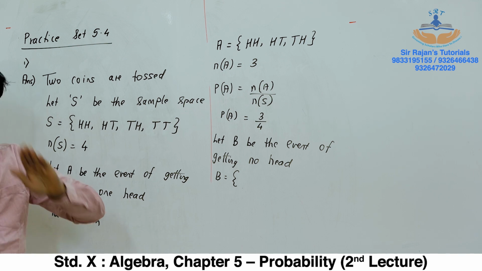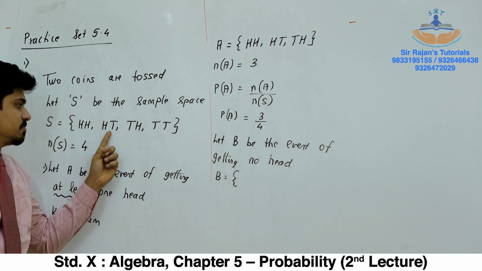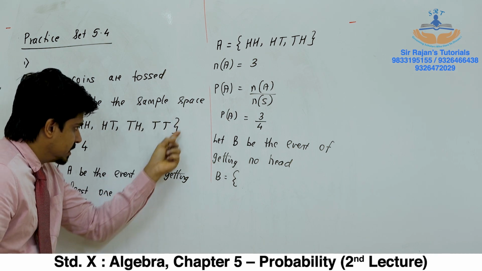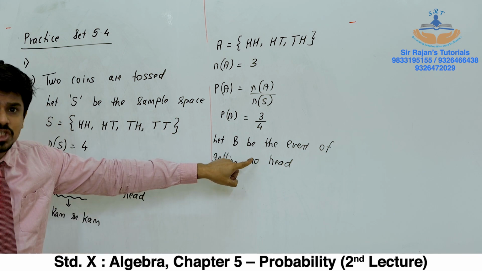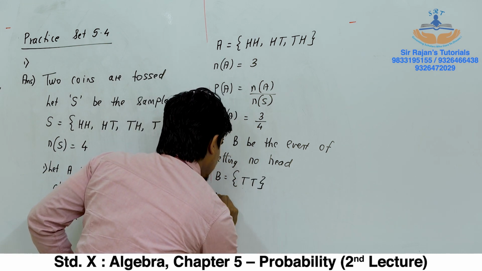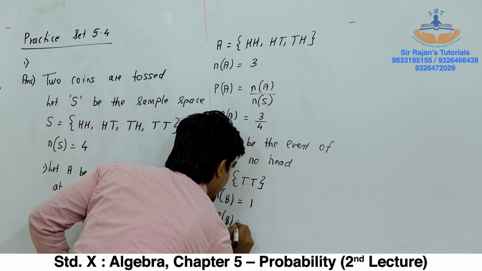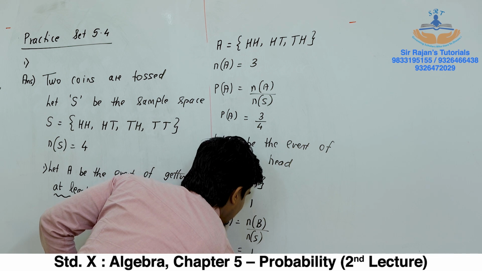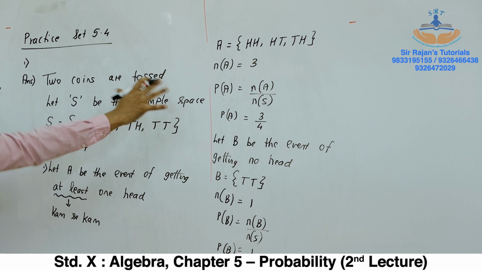No head. मतलब head होना ही नहीं चाहिए. इसमें हेड है नहीं चलेगा, इसमें हेड है नहीं चलेगा, इसमें हेड है नहीं चलेगा. TT, does it have any head? No. So that becomes your favorable outcome as per the condition that they are talking about. So in this you will have TT. So your N of B will be 1, P of B, write the formula, N of B upon N of S. Answer will be 1 upon 4. Okay, so you have solved your sum.